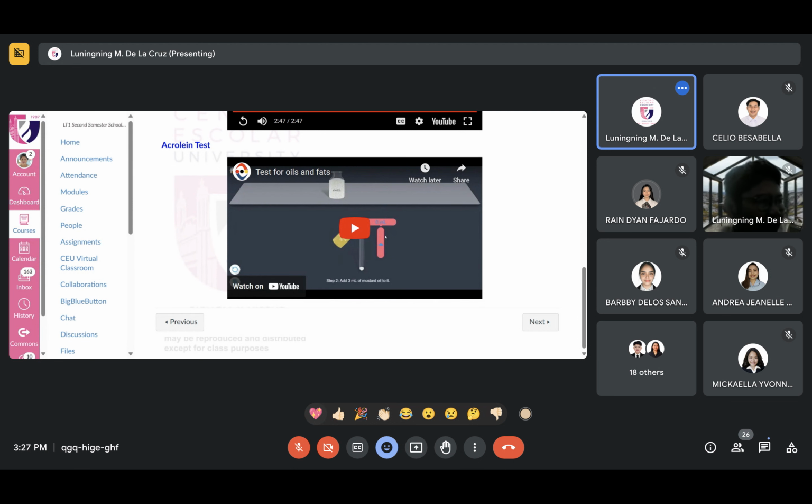And we try to classify the different oils in our laboratory activity last meeting. So, butter, we don't have butter, but you have seen butter. So, in butter, we have butyric acid. Okay? So, based on the video, what is butyric acid, class? What is butyric acid?